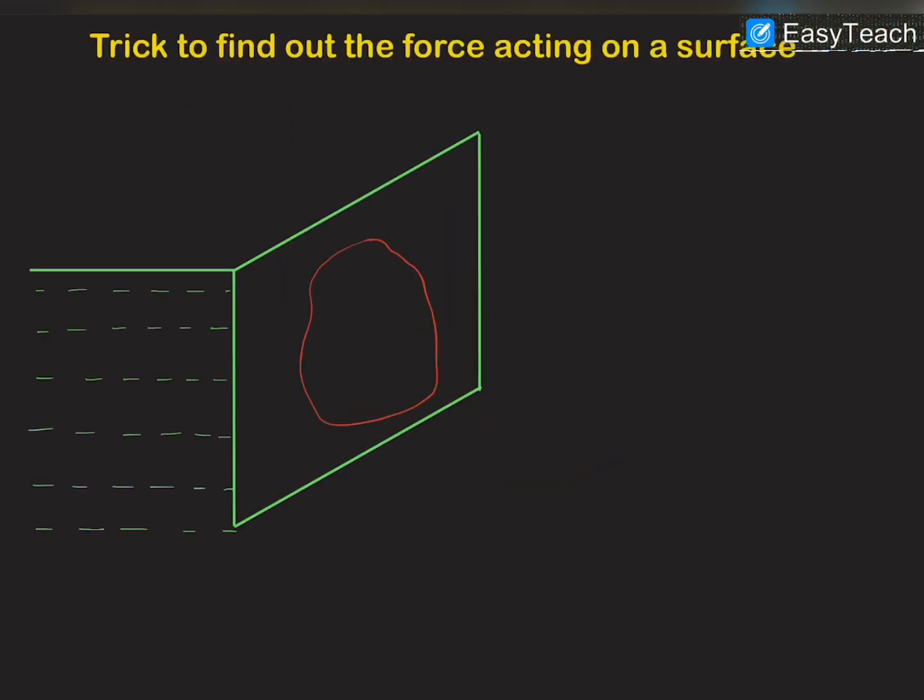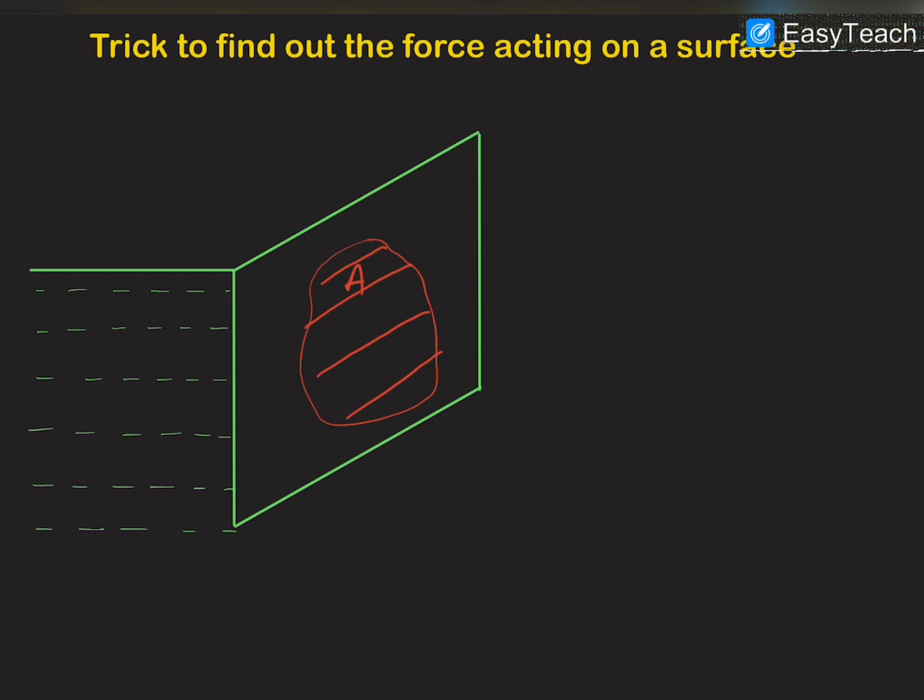Now if we talk about a trick to find out the force acting on the wall or any object immersed in the liquid, then we can say that if this is a small area, and let us suppose that this area is A, and we have to find out the total force acting on this area.